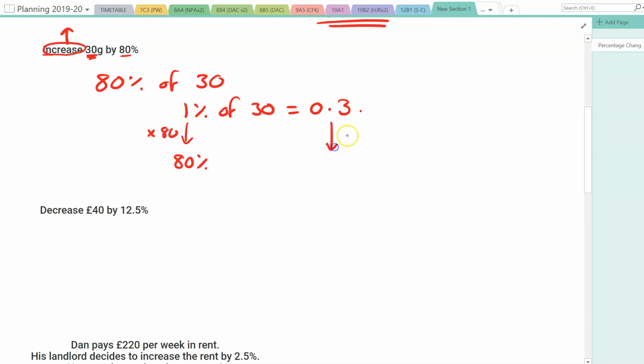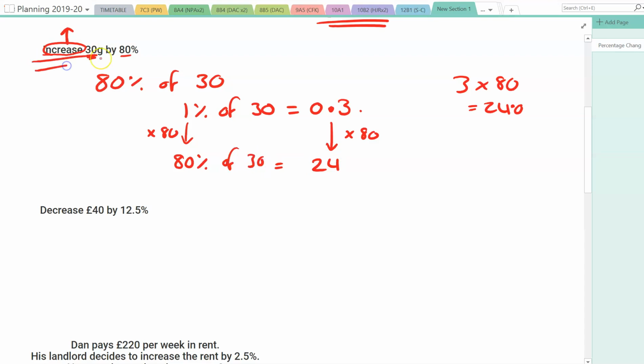So 3 times 80 is 240. But there's a decimal point in here, so I need to have a decimal point in here. So 24.0, otherwise known as 24. So 80% of 30 is 24.